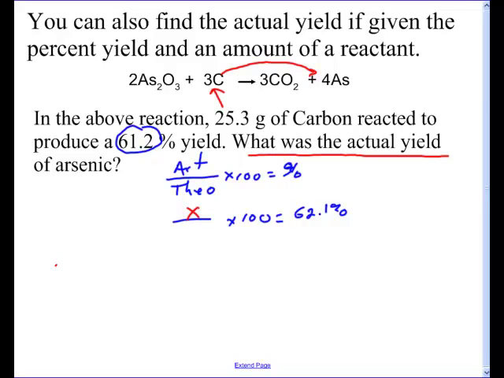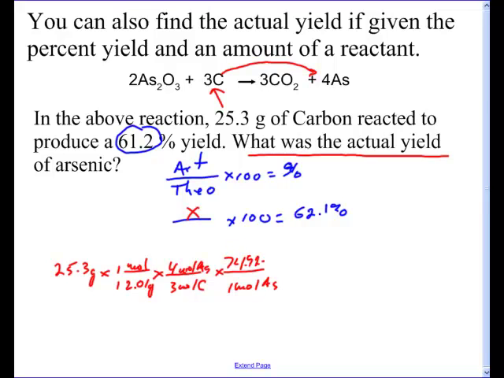All right, so I've got 25.3 grams of carbon, right? 12.01 grams per 1 mole. The mole ratio is for every 3 moles of carbon, 4 moles of arsenic. And then 1 mole of arsenic weighs 74.92 grams.